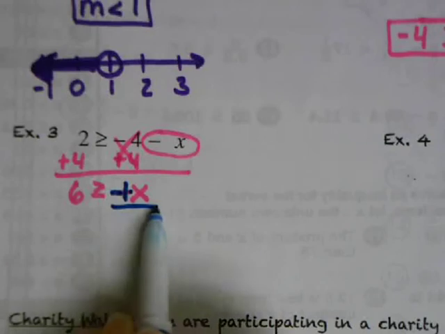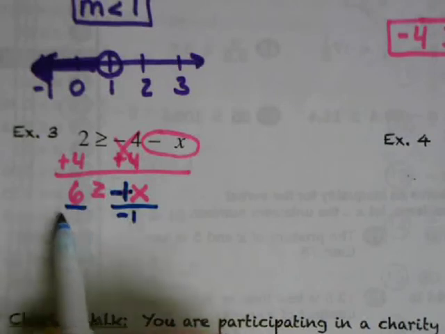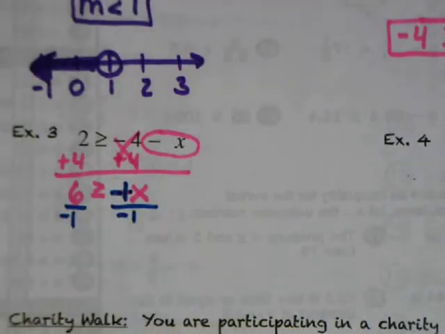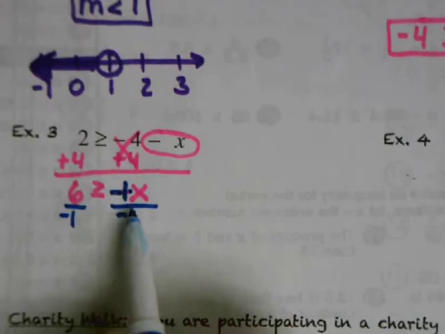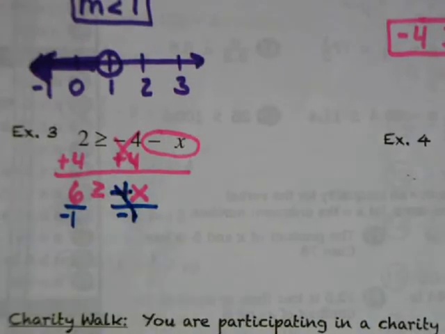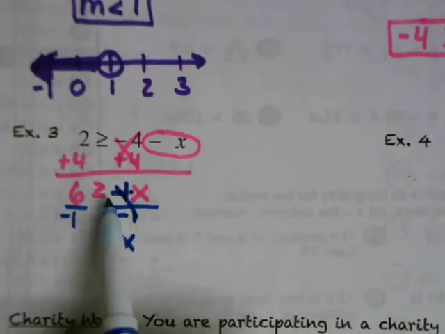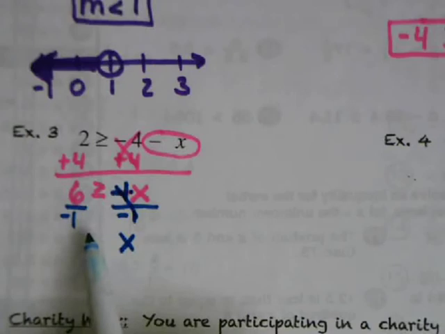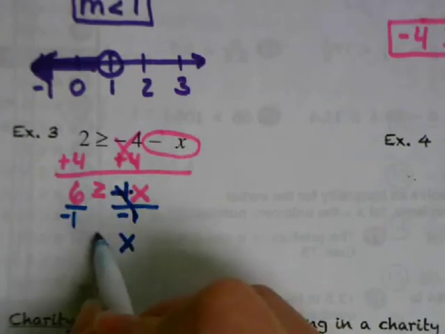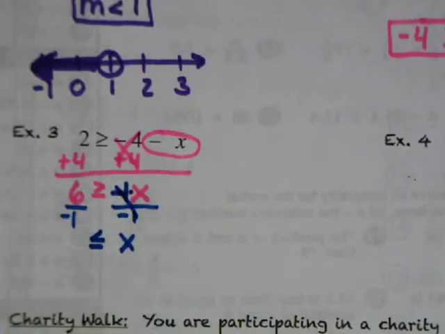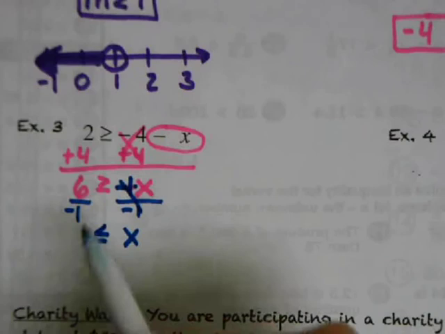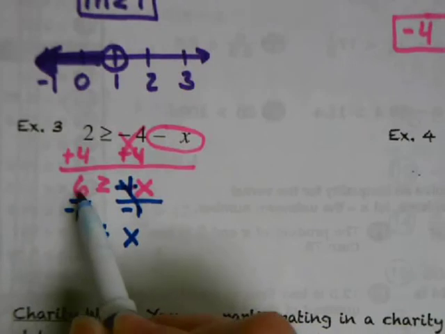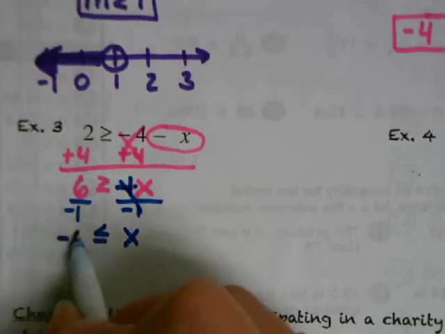We would divide both sides by negative 1. Okay, so negative 1 divided by negative 1 would go away. We'd bring down our x. But now we're dividing by a negative, so what do we have to do? We have to flip that inequality. It's got to go the other direction. And 6 divided by negative 1, positive divided by a negative is a negative.